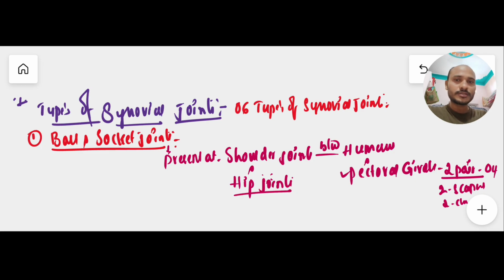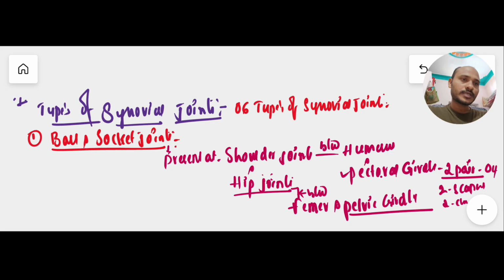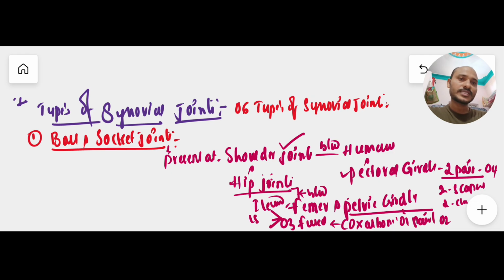Now coming to the hip joint. The hip joint is present between the femur bone and the pelvic girdle. Very important: between the humerus and pectoral girdle is the shoulder joint, and between the femur and pelvic girdle is the hip joint. The pelvic girdle is only one pair, meaning two, and it is also known as the coxal bone. Each coxal bone is made up of three fused bones: the ilium, the ischium, and the pubis.